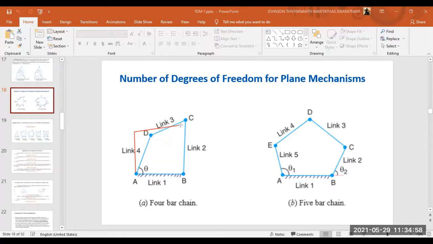This may come like this. So this D may take the position of D dash and C may take the position of C dash. Alright. This is D dash and this is C dash. And this change in angle, you can say theta dash.